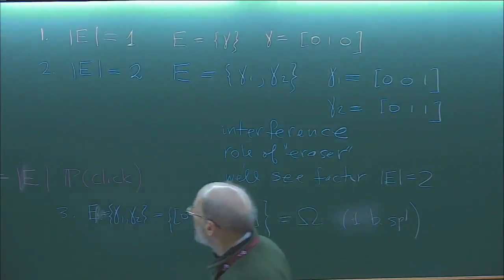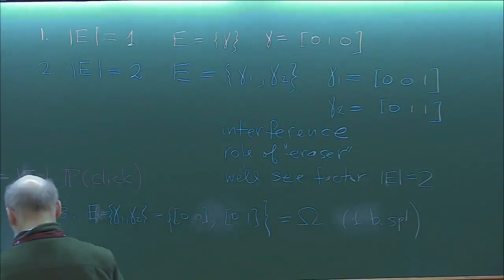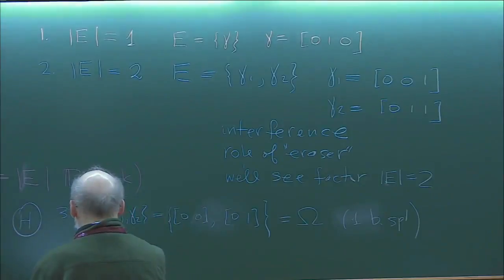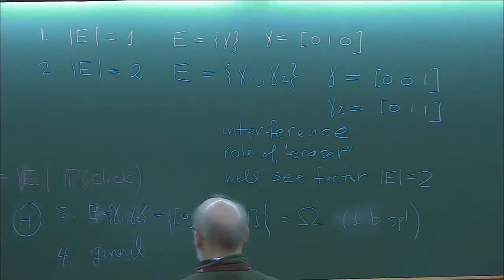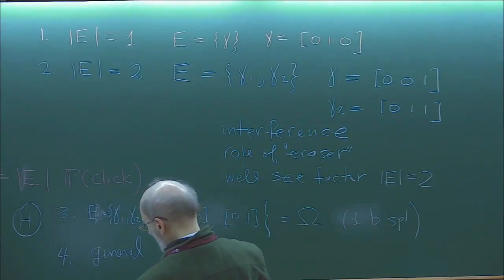And then in 4, so this is homework. And then 4 will be the general case. This will require a significantly more complicated notation, so I want to do these where it's hopefully more transparent what's going on.